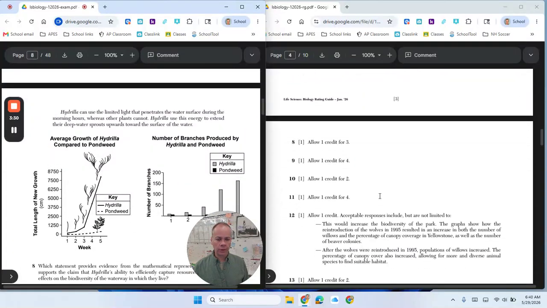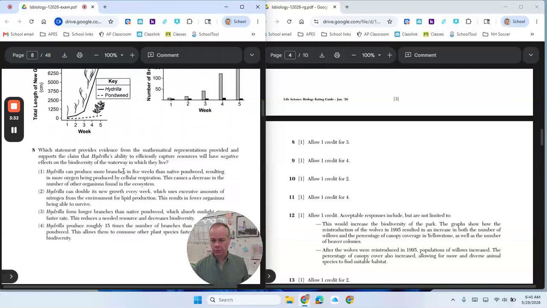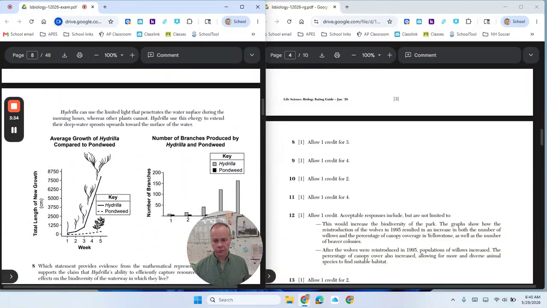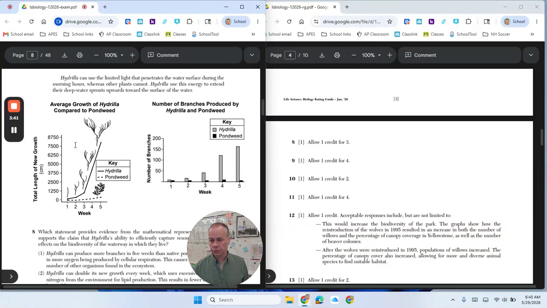Then we scroll down to the end of the cluster. We have some information: 2 graphs showing the growth of hydrilla versus pondweed and the number of branches produced. Again, when you have a graph like this, really look at the axes, look at each line on the graph, and try to understand what these are showing.